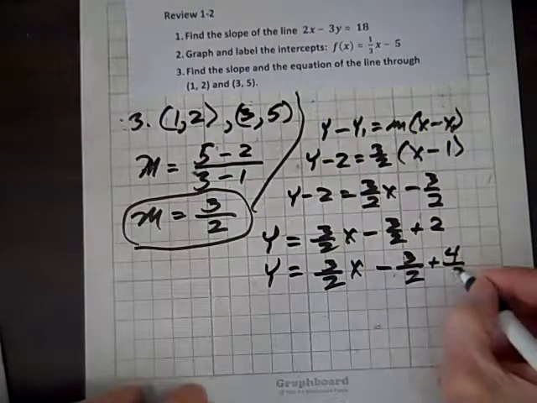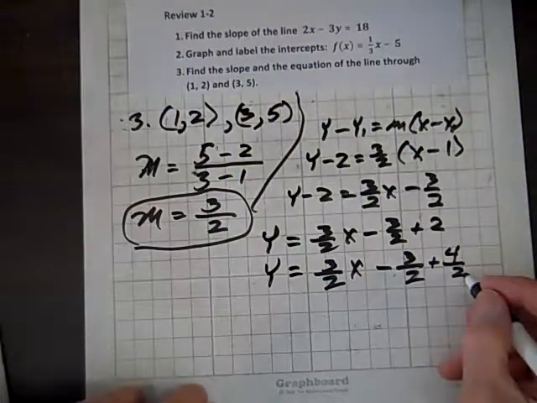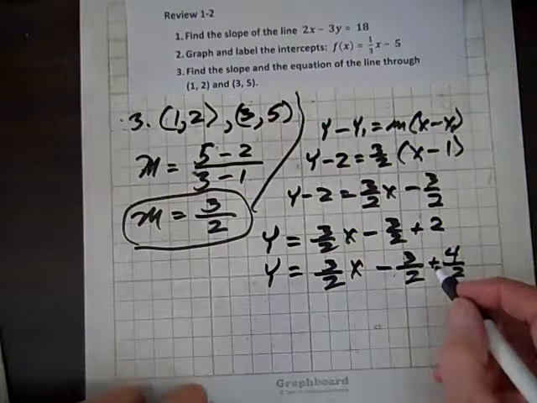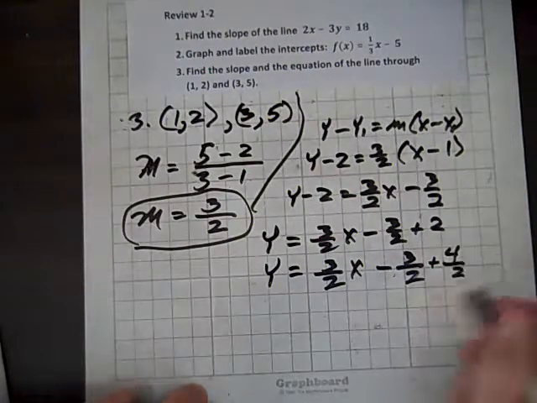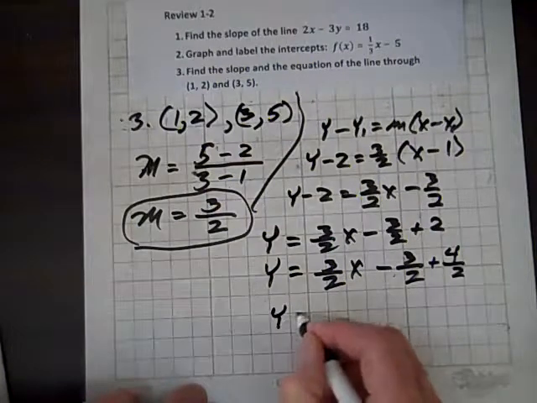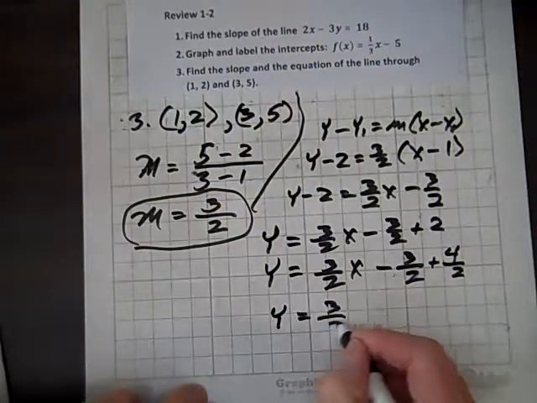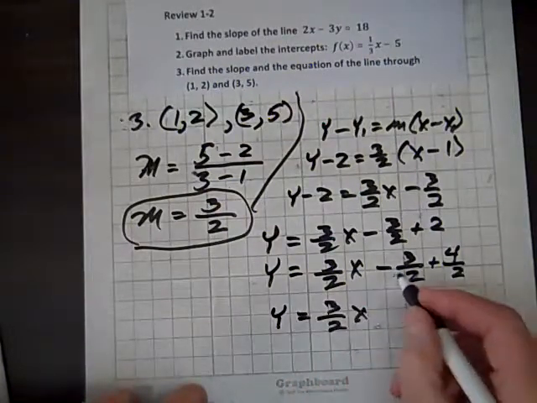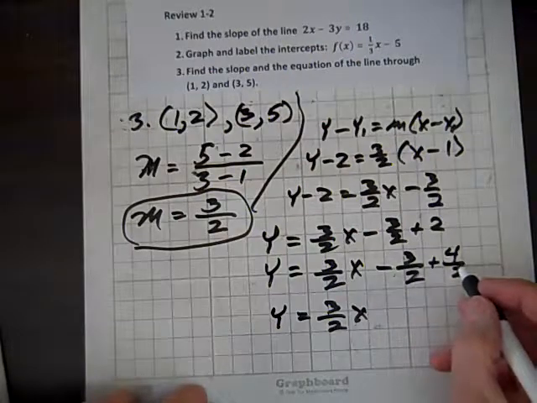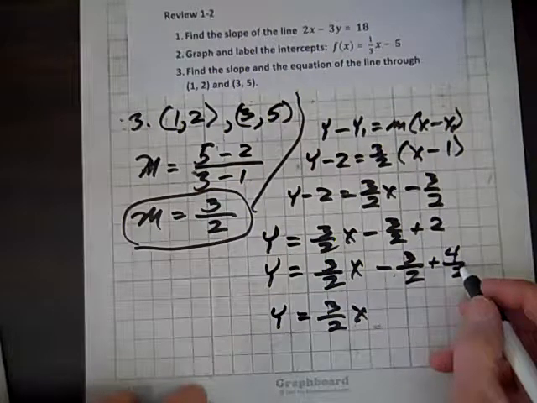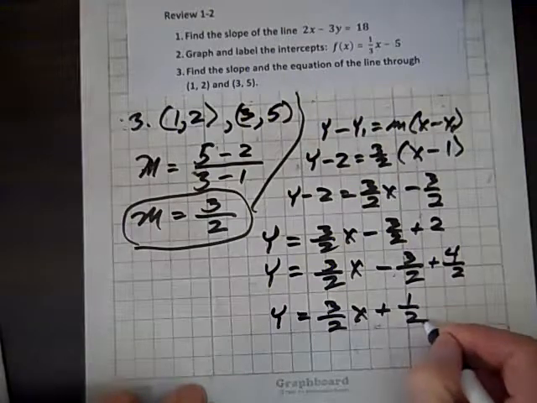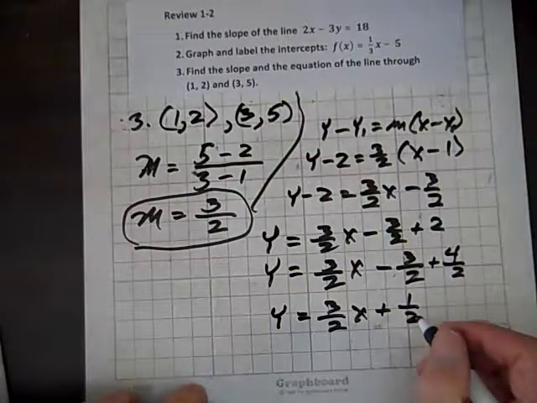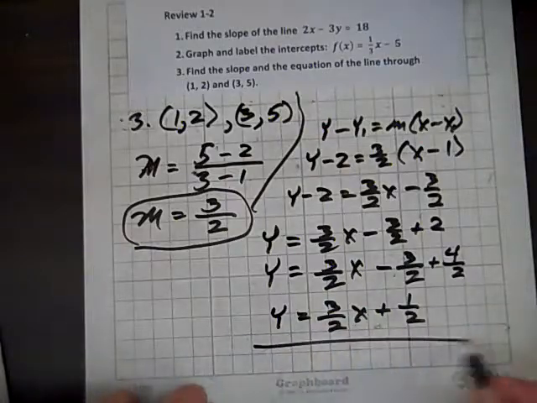So we have 4 over 2. Now we have that common denominator, don't we? And if we reduce this, 4 over 2 is 2. So y equals 3 halves x, and minus 3 halves plus 4 over 2 is going to be a plus 1 over 2, and we are done.